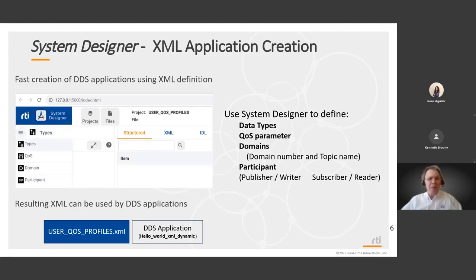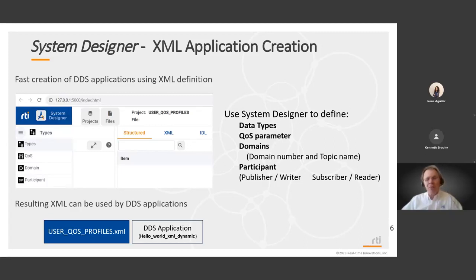And then you would select the Participant tab and define the publisher or subscriber and writer. When you do that, you are going to get a list of capabilities that the publisher and writer can have. You would fill those out in System Designer very intuitively, and it's very simple. That XML file then gets created, and you're going to see at the top of the screen, it'll say Project User QoS Profiles.